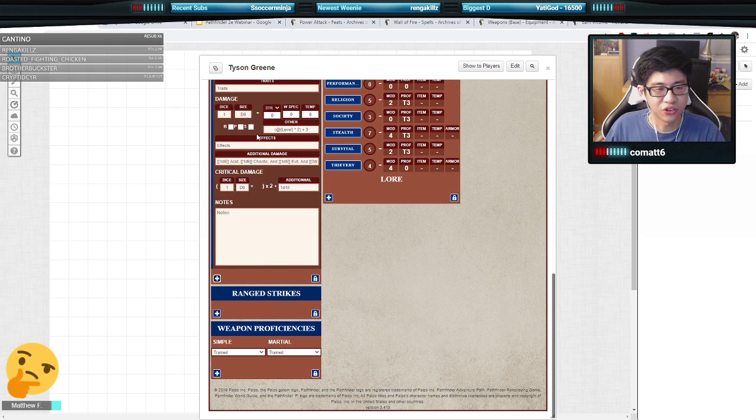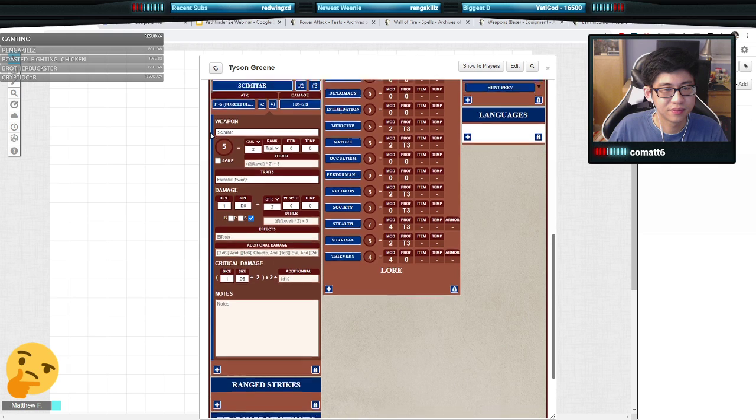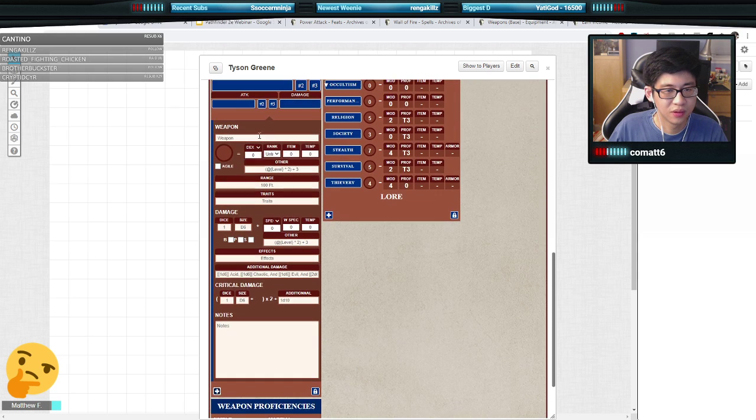You're probably going to need melee strikes if he's using a scimitar. It's strength based, he's trained. Traits, forceful sweep. Does 1d6 plus strength, and it does slashing damage. Ranged attacks can have a short bow.